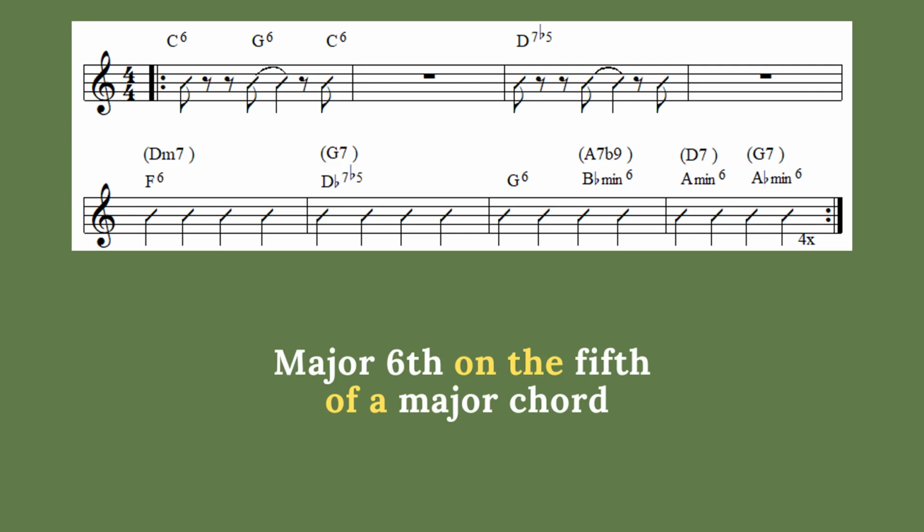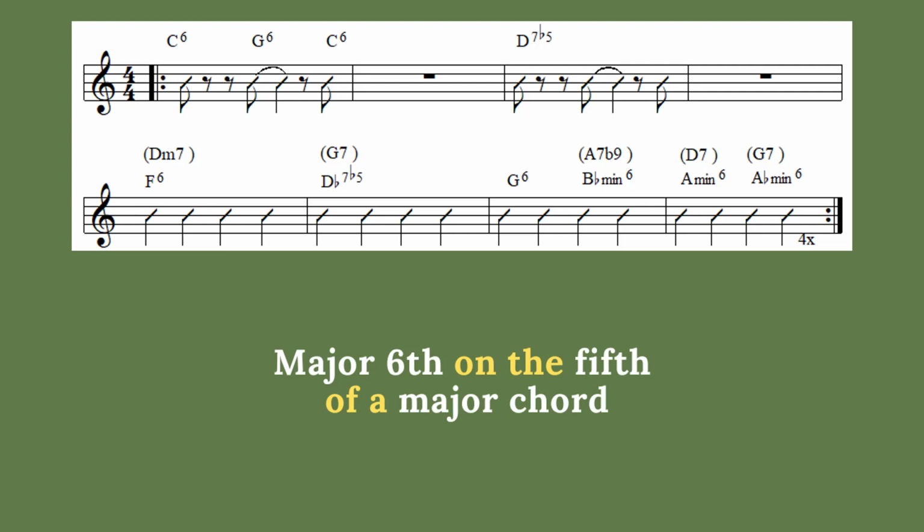So in the first two bars where I have C major in the original progression, I'm going to alternate between a C sixth chord and a G sixth. And I'm able to do that because the fifth of C is G, therefore I can play a G sixth over a C bass note.